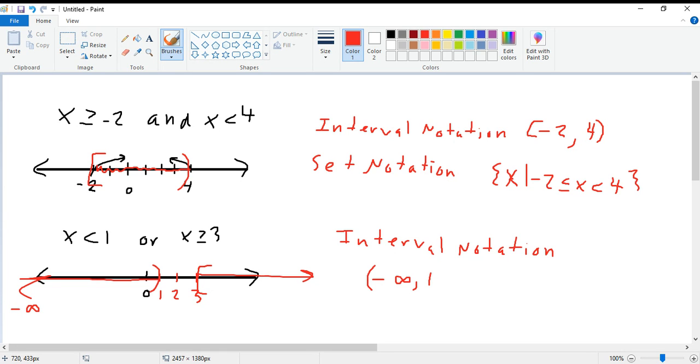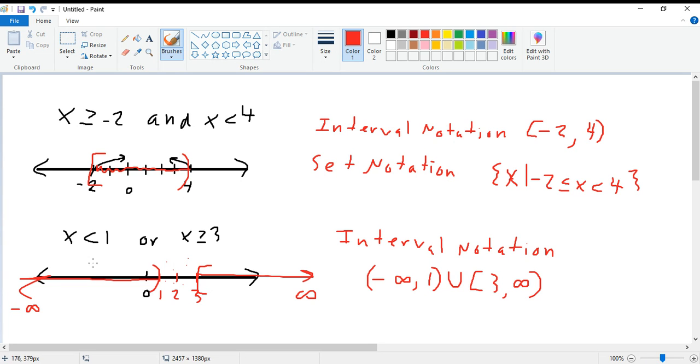Infinities always have parentheses, and our +1 here also has a parentheses. Because there's this gap in the middle where there's nothing, we're going to put a union symbol before we start writing our second interval, which starts at 3 with a bracket, comma, and this right part is shaded forever to the right until +infinity, which always gets a parentheses.